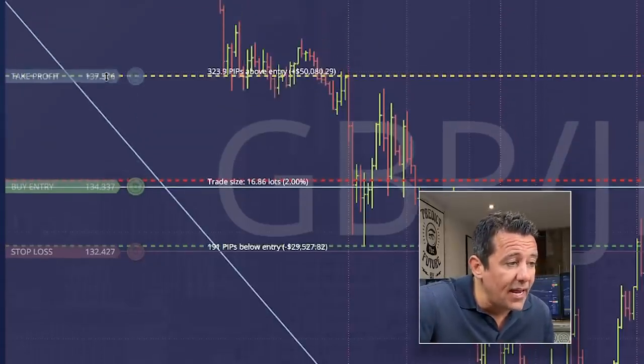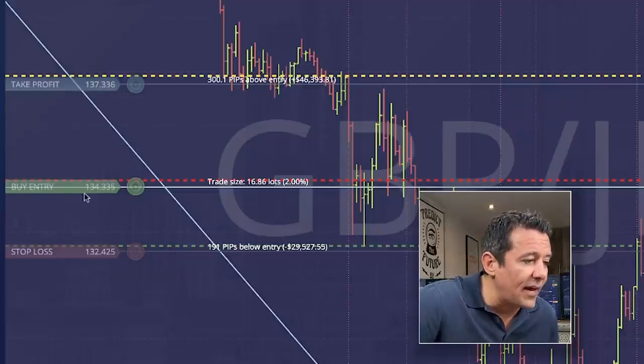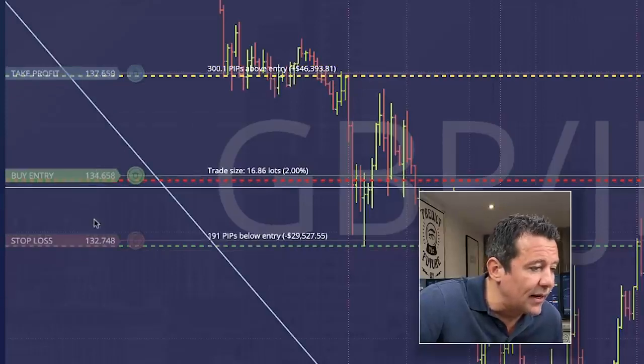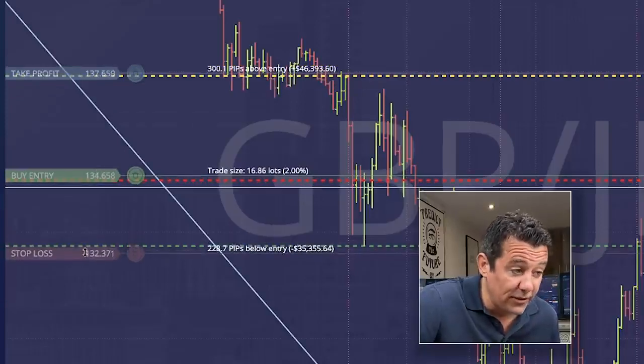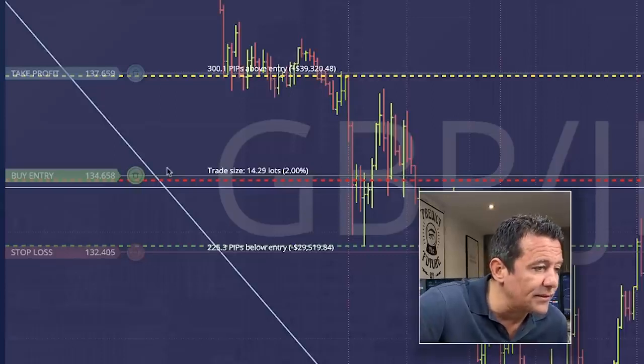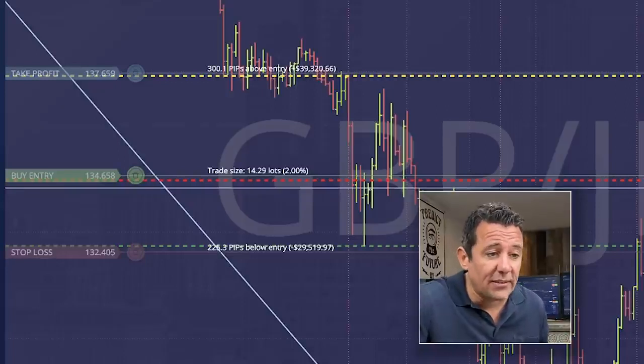Our take profit here is about 300 pips of profit, and our buy entry would be just above that level here. As we move the buy entry, you'd expect it to move those limits. So we're about 220 pips of potential risk, making sure I'm keeping a 20 pip cushion just south of that main support line, which I've colored in green.